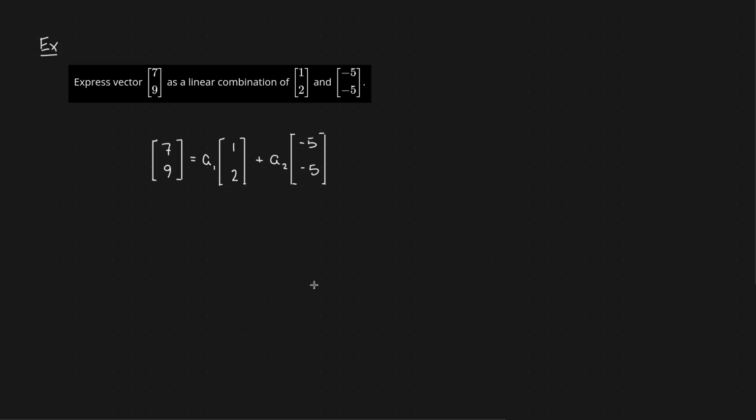Okay? So to think about how we could do this, let's start by just doing the vector arithmetic on the right-hand side of this equation. So I'll leave the left-hand side the same.